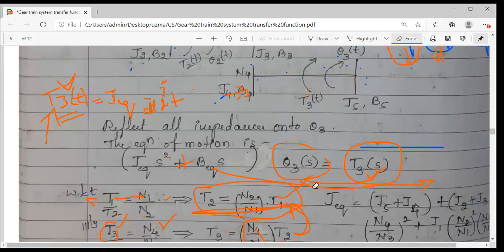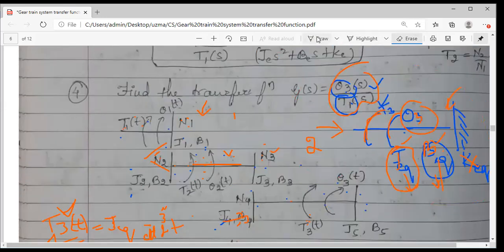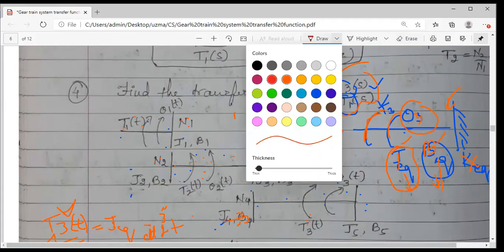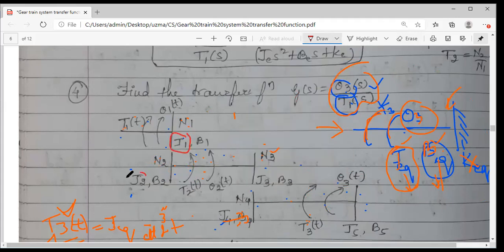What is J equivalent equal to? How many J terms are involved? Let me take a different color so that it is easy for you to mark. There is J1, J2, J3, J4 and J5.